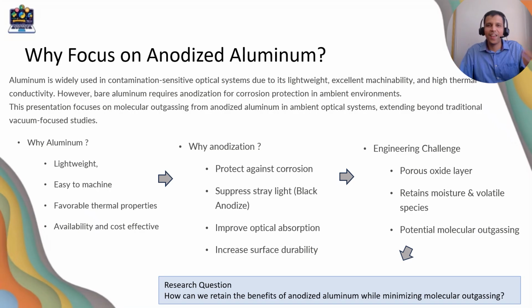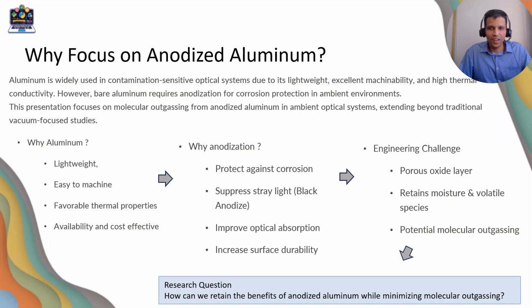But that again introduces a new challenge, which is that the anodized surface is a porous oxide layer. It's a honeycomb-type porous layer. There is a greater chance of volatile elements or moisture going and being stored in that porous surface, and later outgassing.